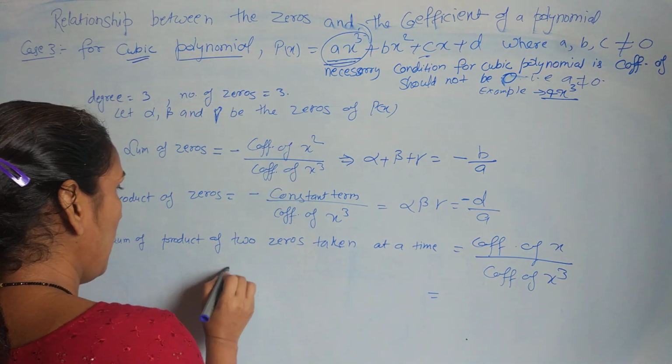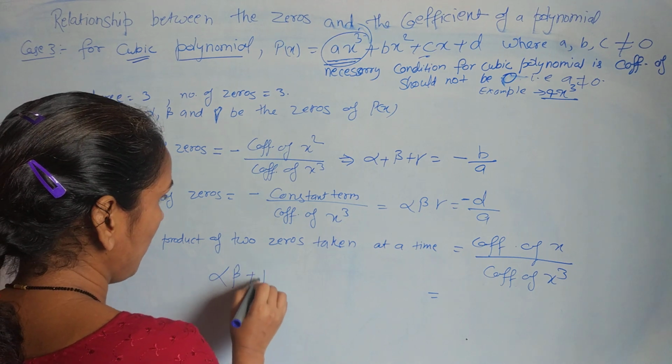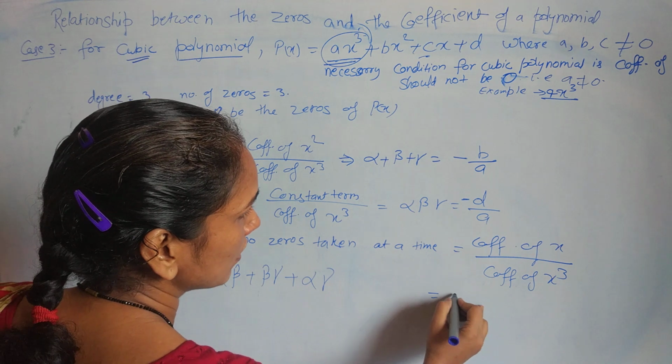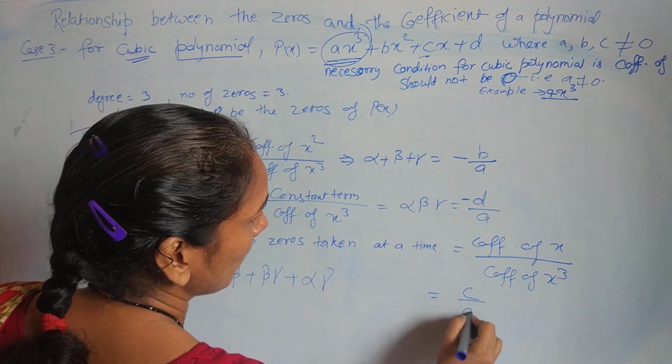The value will be alpha beta plus beta gamma plus alpha gamma is equal to c by a.